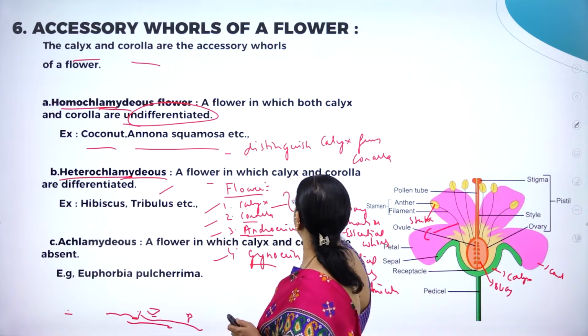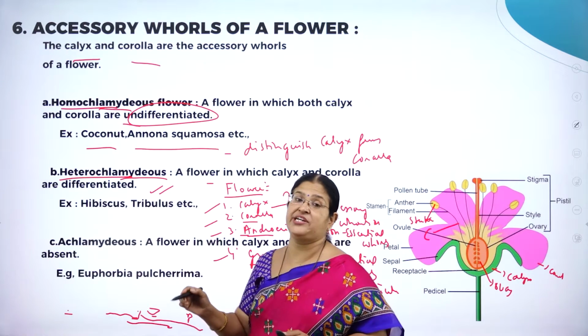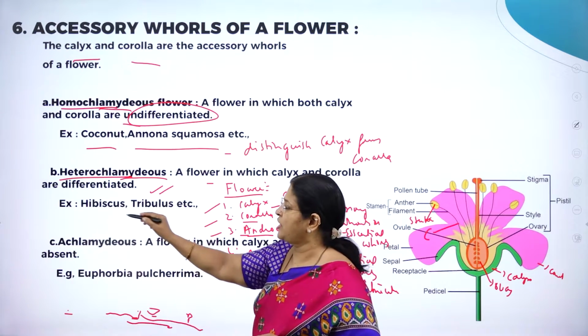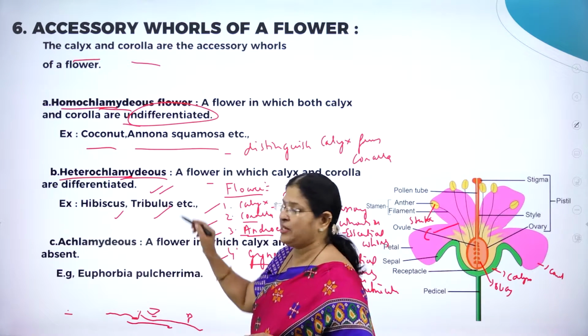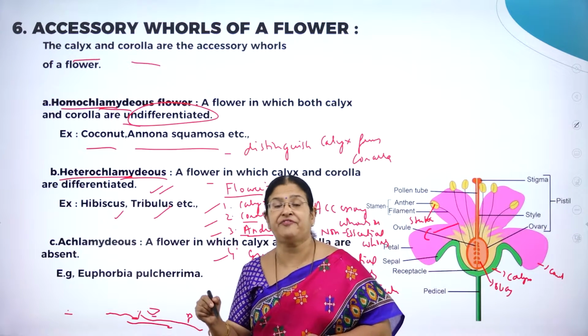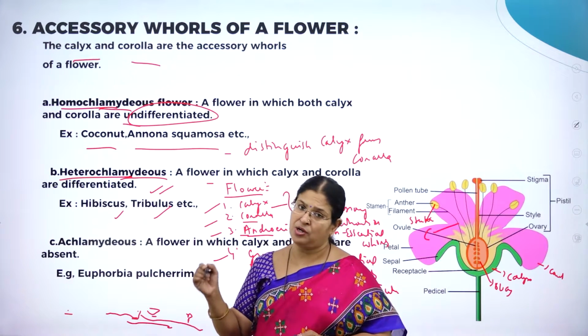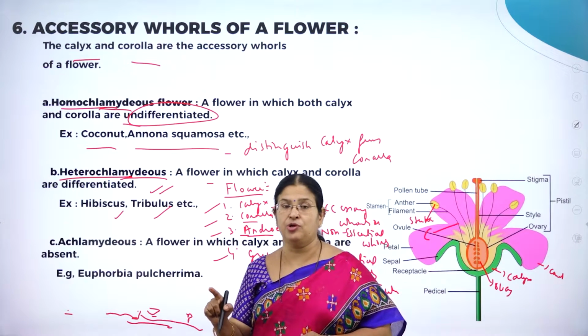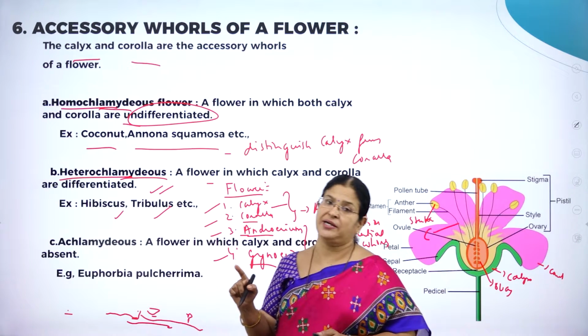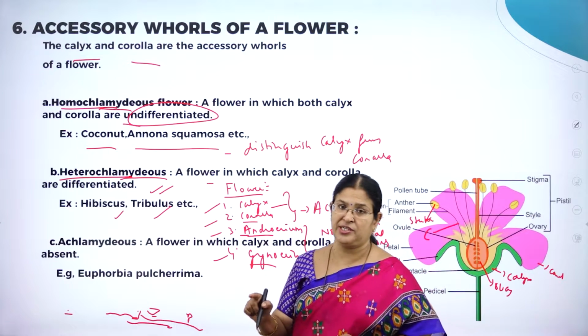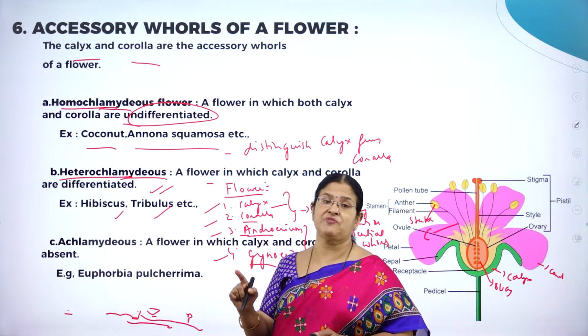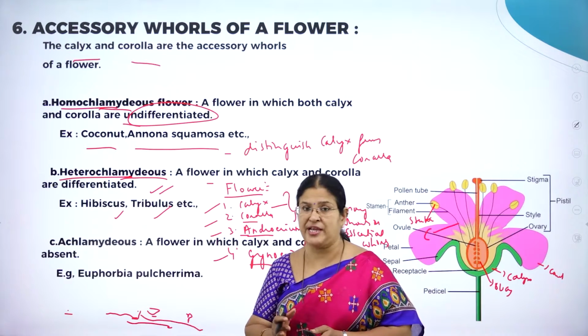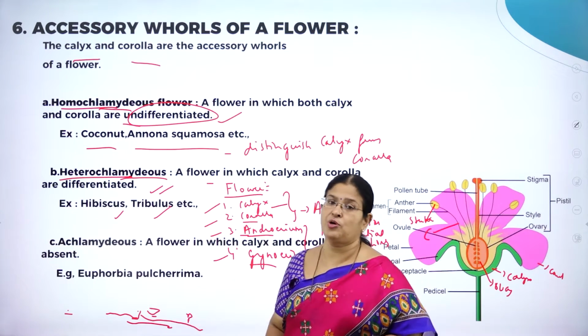A flower in which calyx and corolla are differentiated. For example, all of you know about hibiscus and even tribulus, where you can easily differentiate the calyx from the corolla. I repeat, calyx and corolla are called accessory whorls because they indirectly take part in the process of reproduction. When you are not able to distinguish calyx and corolla, they are clubbed together, we use a word called homochlamydious.